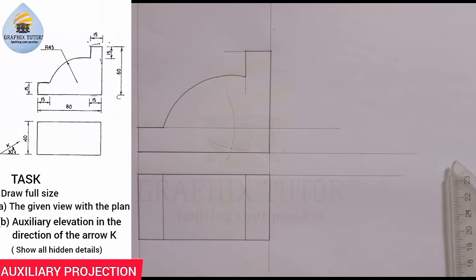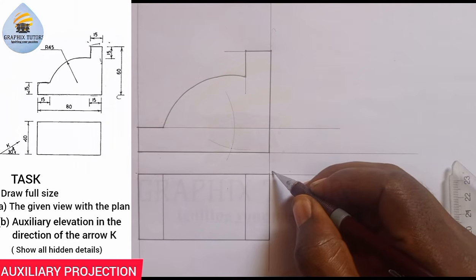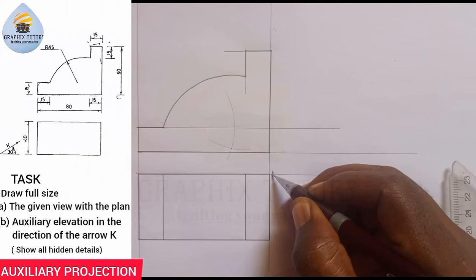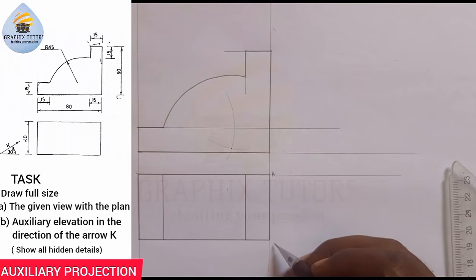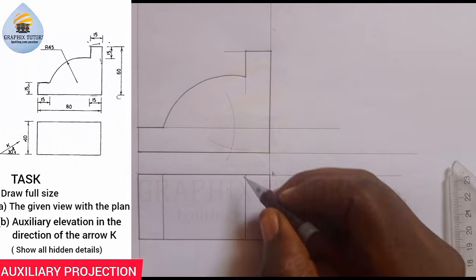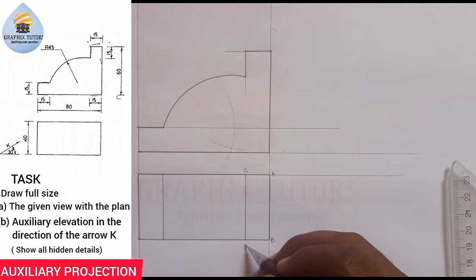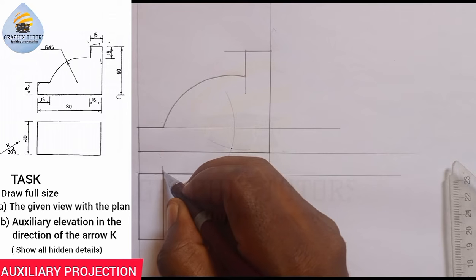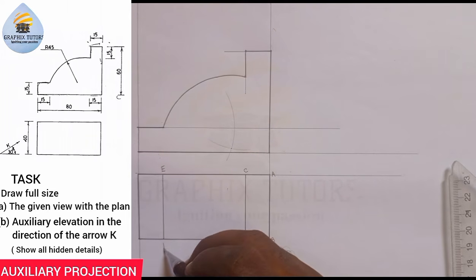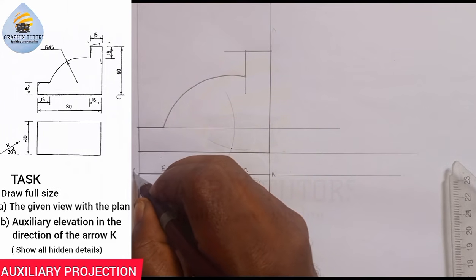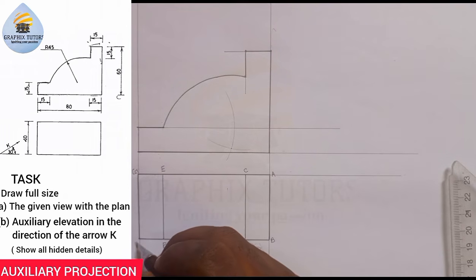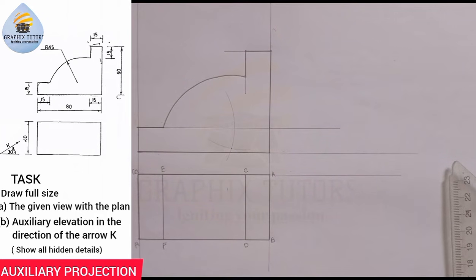Now, you name it. We'll say that here is point A, here you see is point B, this is C, this is D, this is E, this is F, this is G, and this is H. You can see that?